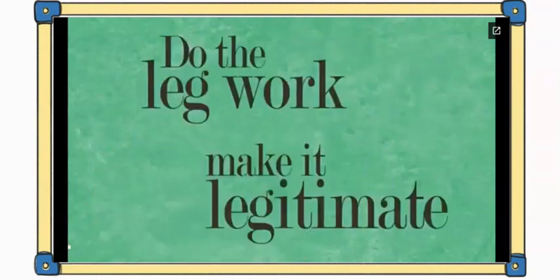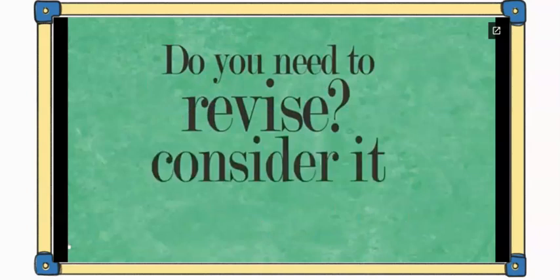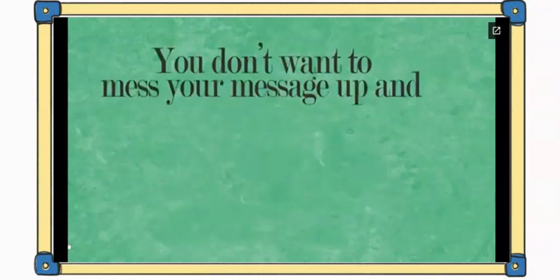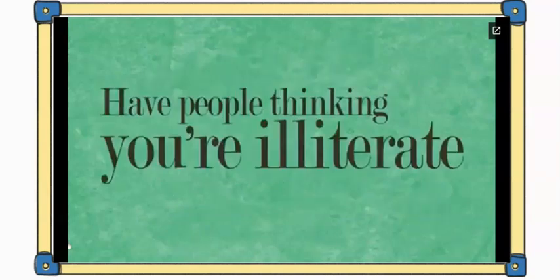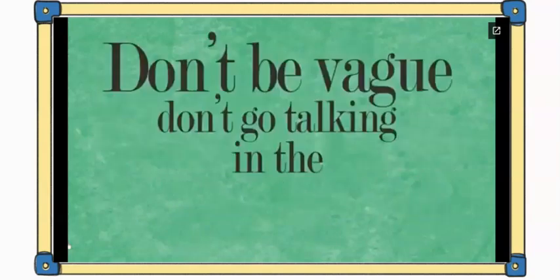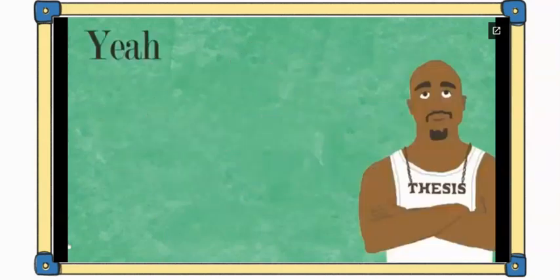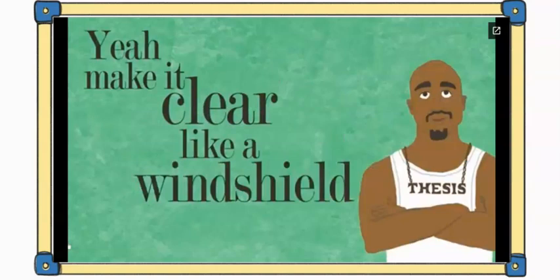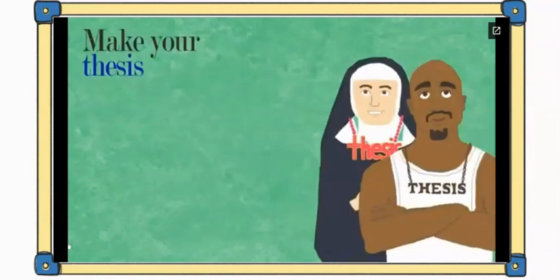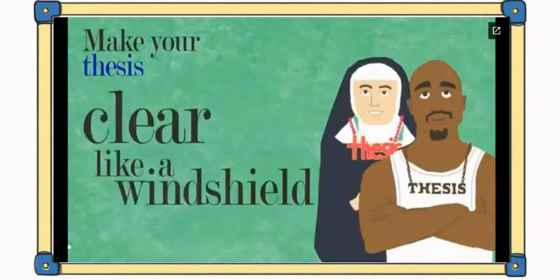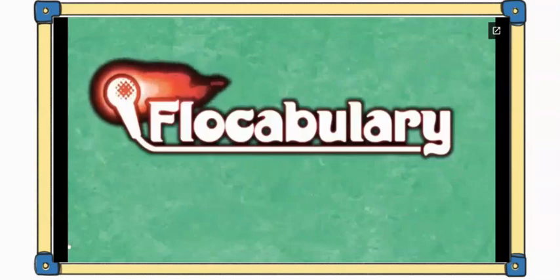Do the legwork, make it legitimate. Do you need to revise? Consider it. Get specific with it. You don't want to mess your message up and misdeliver it. Have people thinking you're illiterate. Don't be vague. Don't go talking in the first person, saying, I think this book is kind of worth it. Yeah, make it clear like a windshield, and by your conclusion, you will know how a wind feels. Make your thesis clear like a windshield, and by your conclusion, you'll know how the wind feels.